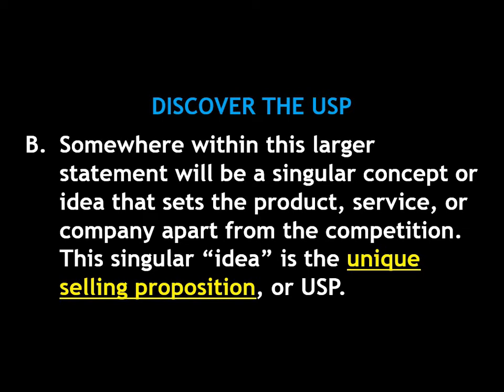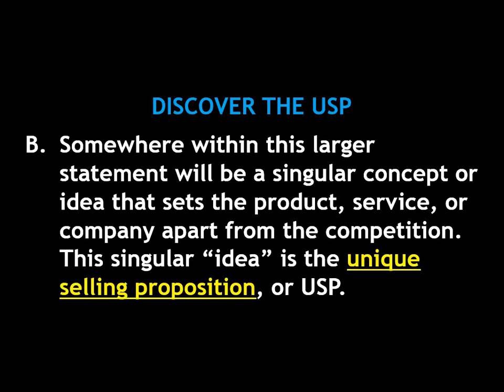So the positioning statement is kind of a broad strokes approach as to the identity of a person, a product, a company, an organization. Whereas the USP, the unique selling proposition, is going to be that kind of just singular hook that makes them super unique.